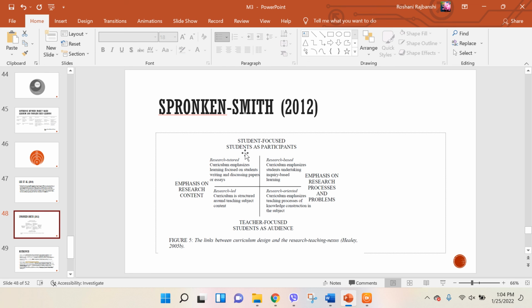In a student focus, with the student as participant and emphasis on the research content, research is tutored. The curriculum emphasizes learning focused on students writing and discussing papers or essays, whereas in this quadrant we have the research-led curriculum, structured around teaching the subject and the content.